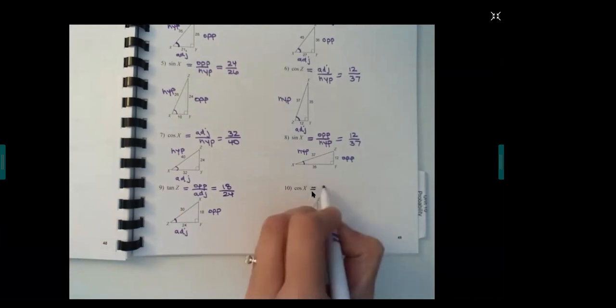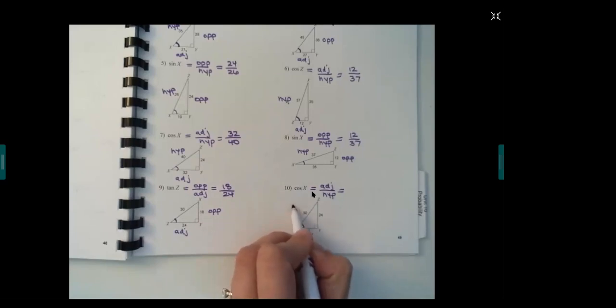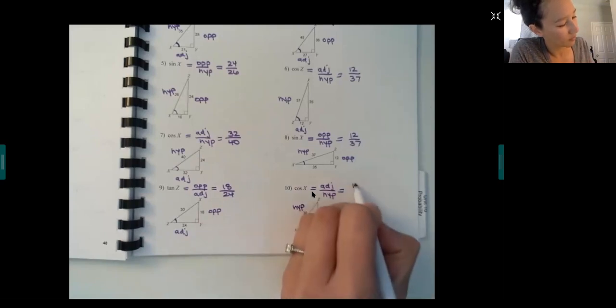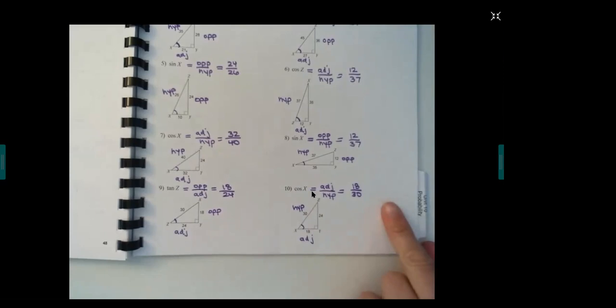Adjacent over hypotenuse. Adjacent would be 18, and the hypotenuse would be 24. I mean, no, not 24, sorry, 30. Yep. So it would be 18 over 30. Very good. Thank you, Jade. Give you guys a second to finish copying and then I'll flip to page 50.